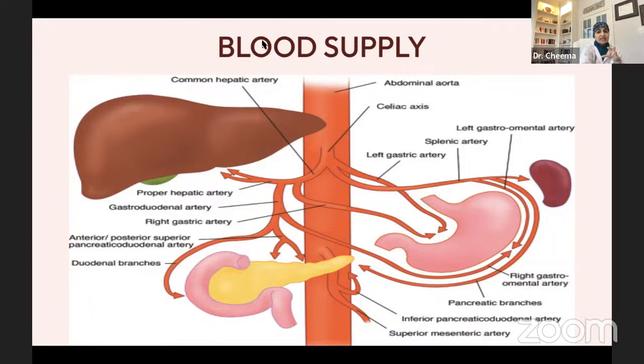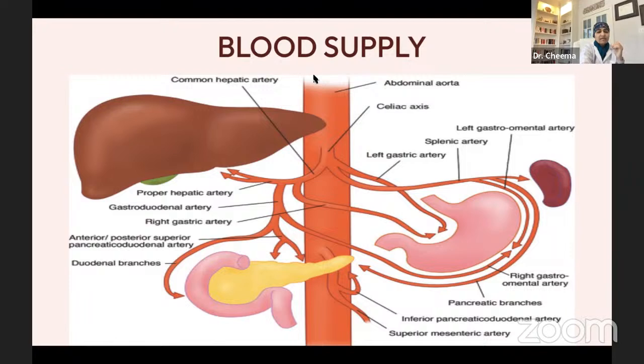The second is the hepatic portal vein, delivering deoxygenated blood from the small intestine containing the nutrients. So the liver has a unique dual blood supply: from the proper hepatic artery it is about 20 to 30%, and from the portal vein about 70 to 80%, as you can see in this diagram.